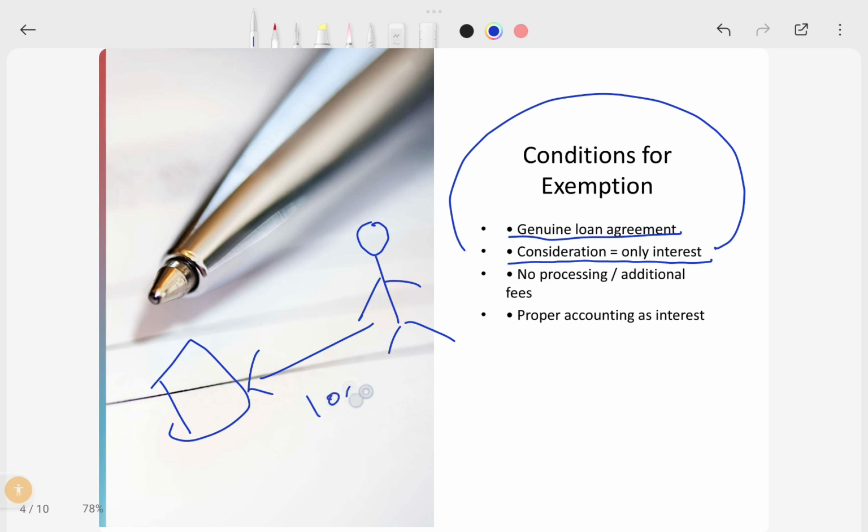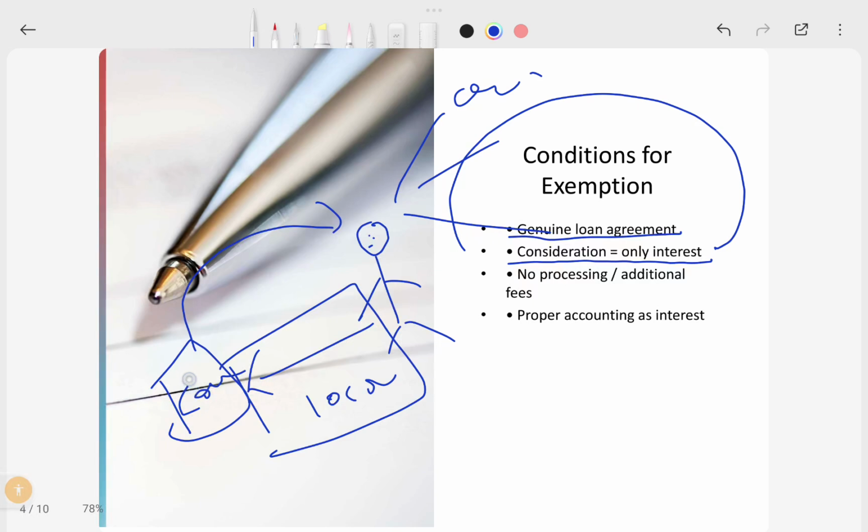Suppose 10 crores loan has been given by this person to this company, but the company will give all manpower contracts to him. He provides labor contracts to this company. So in that case, as a condition of the loan, the company has to prioritize this person to give the contracts. So that is one condition there, right?